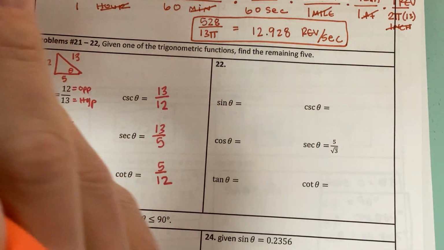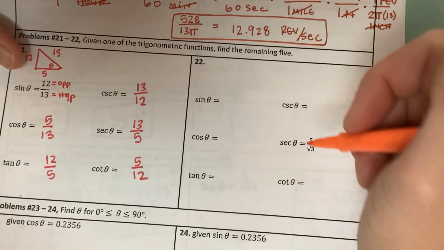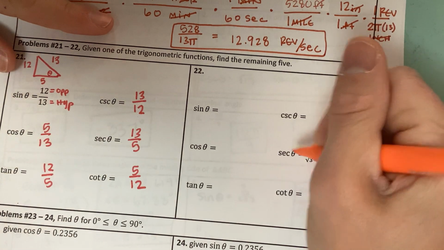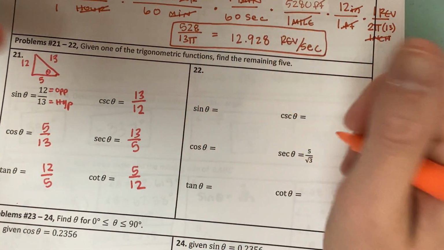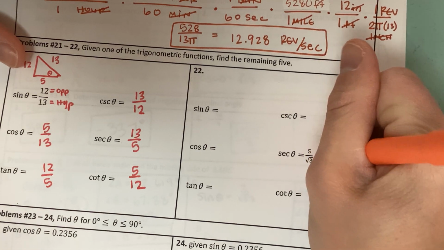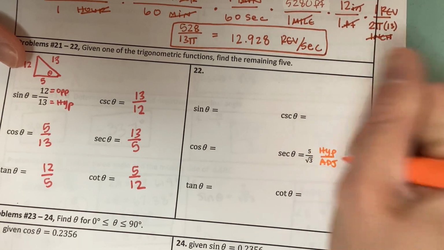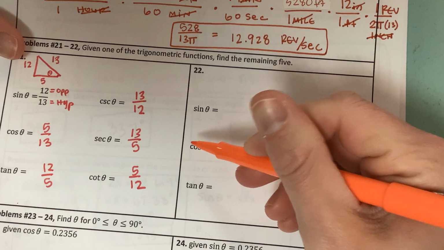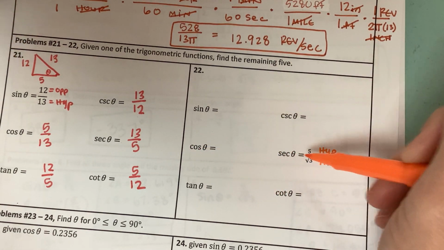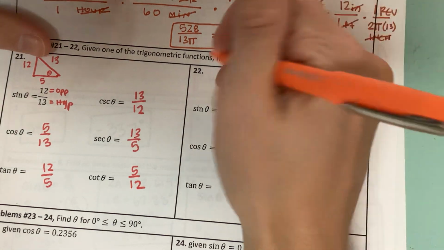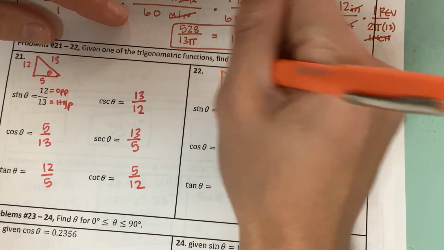Let's try another one. This one's giving me secant. Since cosine is adjacent over hypotenuse, secant is hypotenuse over adjacent, so you just have to flip it around. I'm going to draw a little picture again.